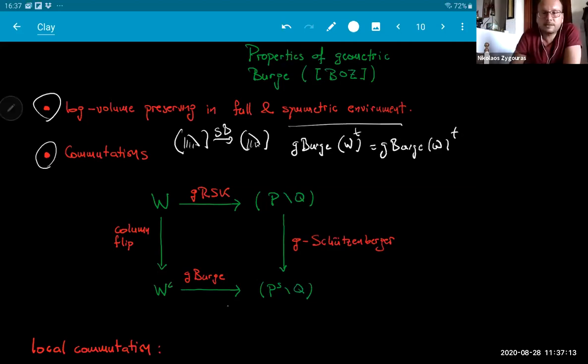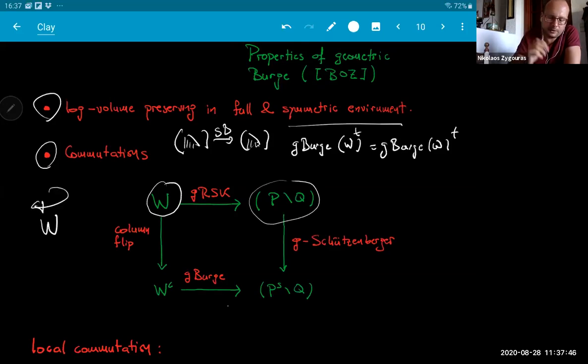The next step that we had to do is the following commutation diagram. And that's actually important when we want to relate the geometric Birch correspondence to polymers on a per-symmetric environment. So let's look at what this commuting diagram says. Let's assume that you have a matrix W and you perform geometric RSK, and then you get the P and the Q tableau. Take this matrix W now and flip it vertically.